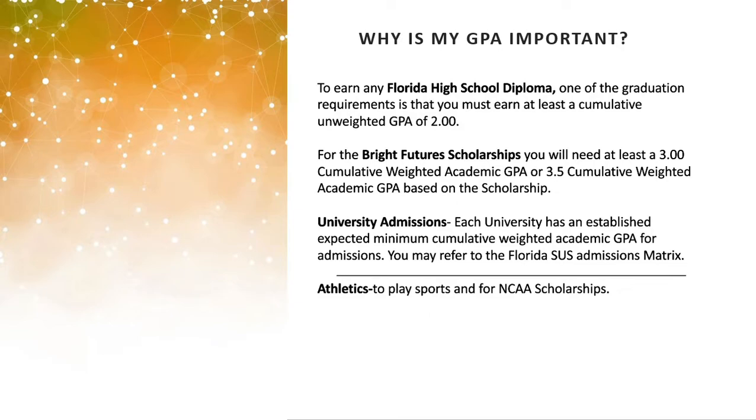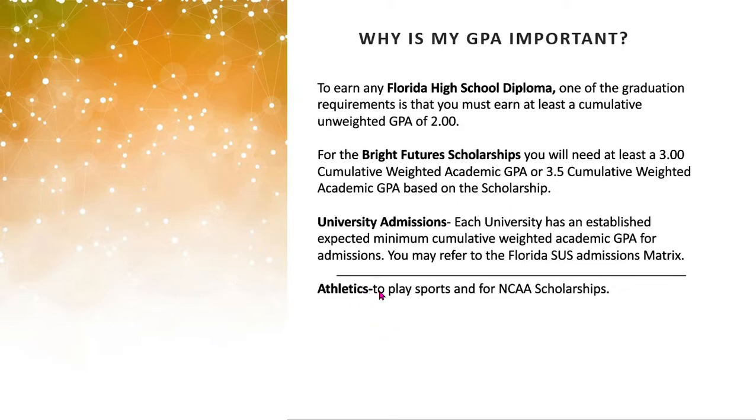Now, to find that out, you can simply type into Google Florida SUS admissions matrix and just make sure you pull it up for the current or most recent year. And then you can see for all of the Florida public universities and then private universities what GPA they expect to see from you if you want to apply to their university after high school.